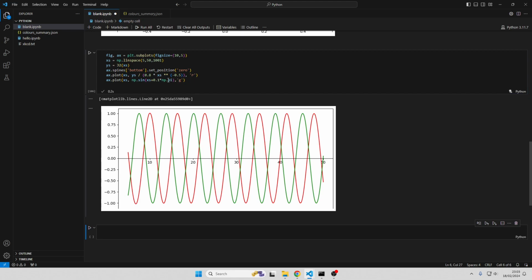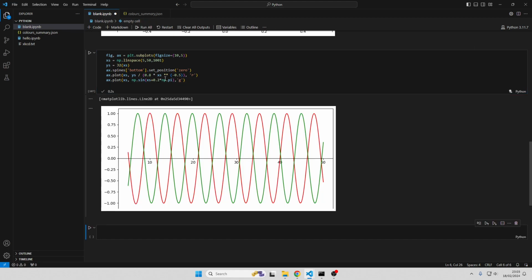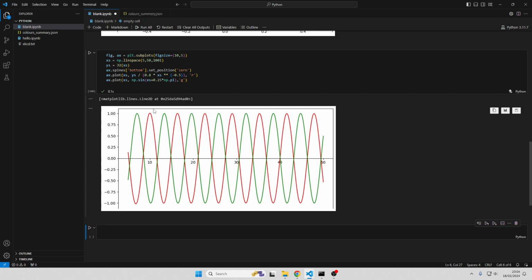Okay, so we shift by 0.1 pi, 0.2 pi. Okay, that doesn't seem to be right. If we do 0.25 pi, then it seems to be pretty much in antiphase.